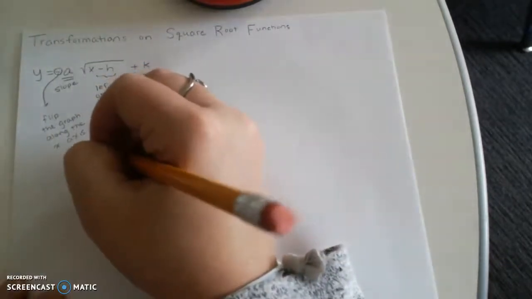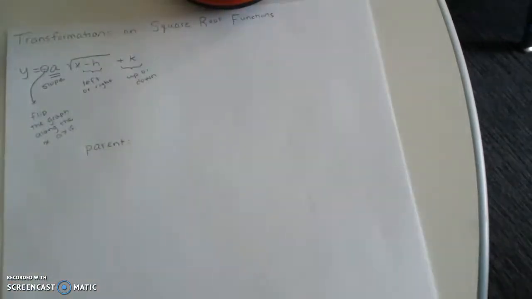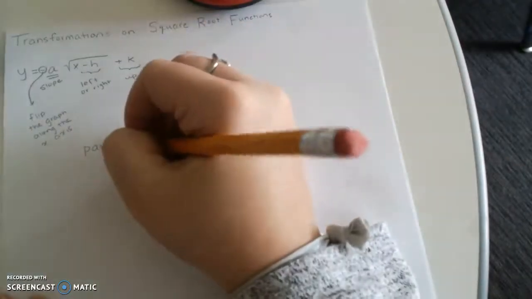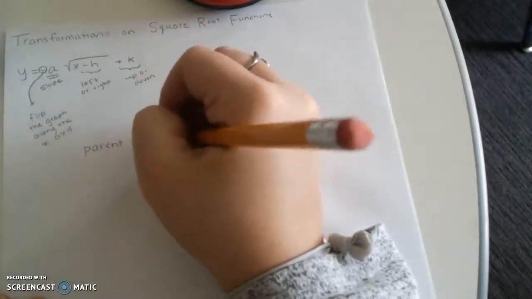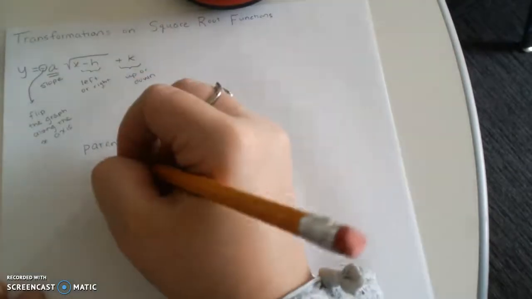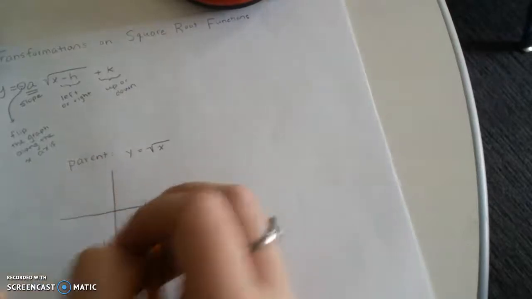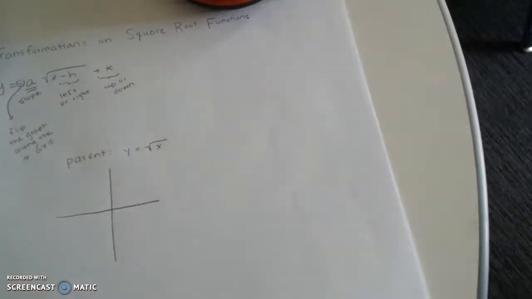So remember how we have parent functions of graphs. The basic parent function is y equals the square root of x. That is our base level square root function graph.